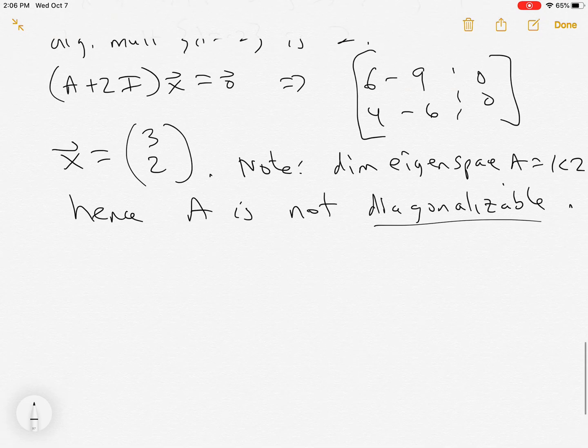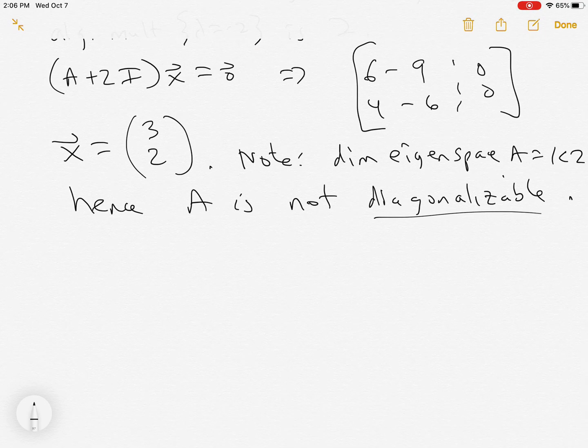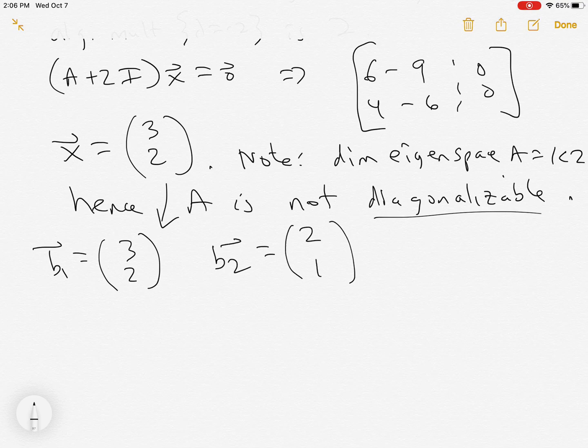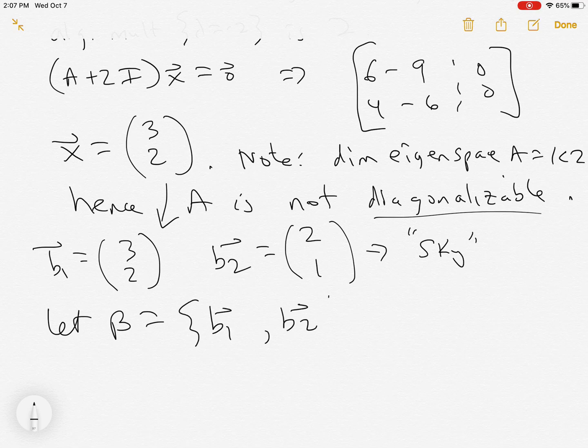But it's almost diagonalizable. So let's let B1 be this eigenvector we found, this guy here. And just for fun, we're going to let B2 be this guy, and this came from this guy. We're going to let B be a basis for R2 composed of these two vectors, B1 and B2. They're not multiples of each other, so they definitely span R2.